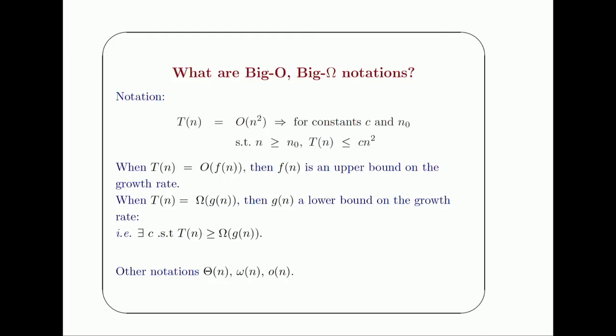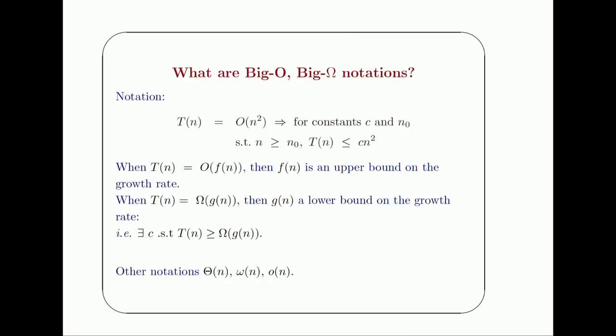What you have to know is, there are two specific types of notations: the big O notation and the big omega notation, when we talk about time complexity of programs. What does it mean? T of n written as big O of n squared means that we can find two constants C and n naught such that when n is greater than or equal to n naught, then for a particular value of C, T of n is guaranteed to run in less than C n squared time.